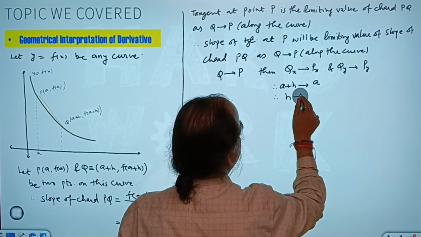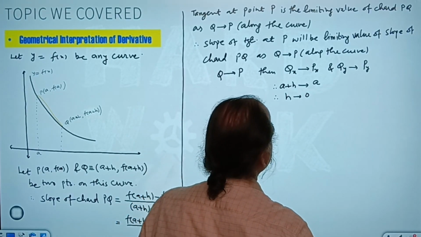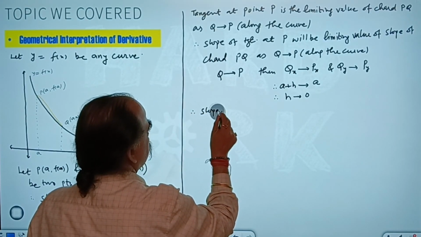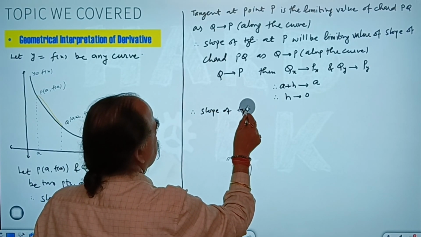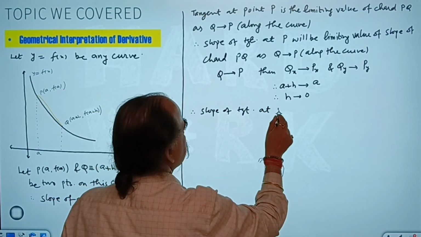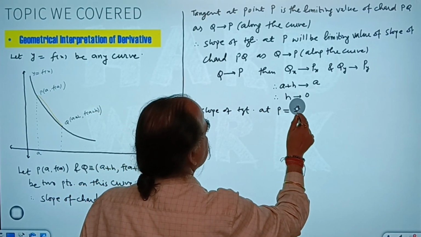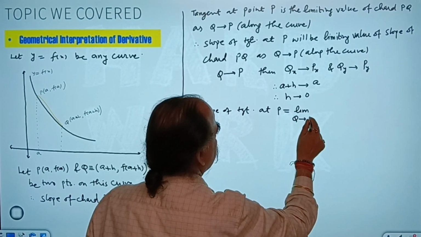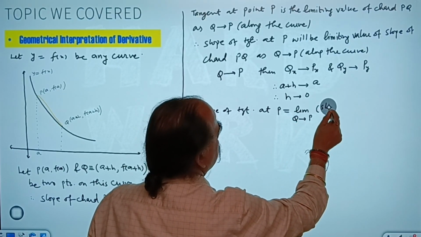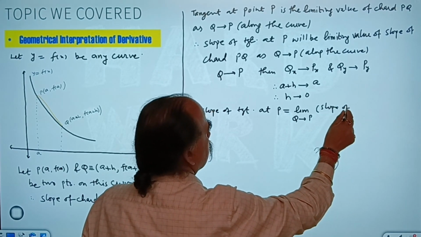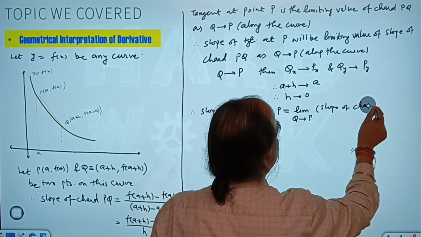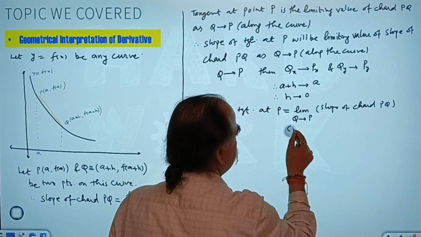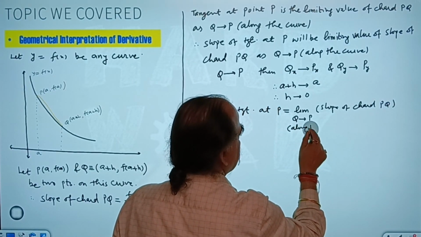Therefore h approaches 0. Therefore the slope of tangent at P is the limiting value of the slope of chord PQ as Q approaches P along the curve.